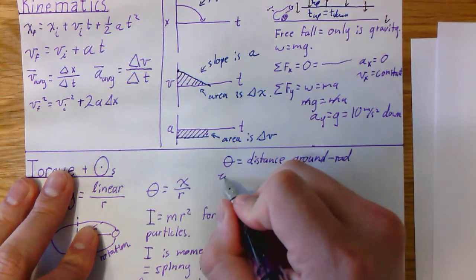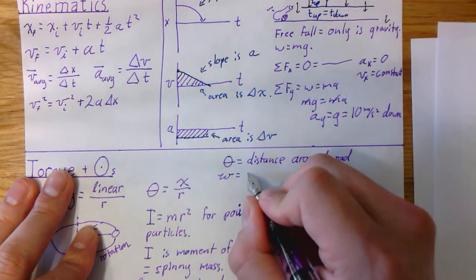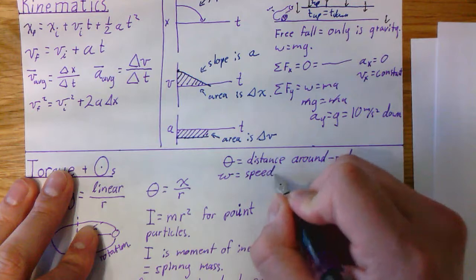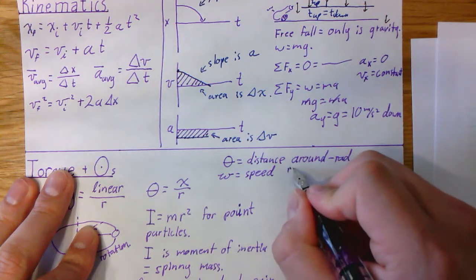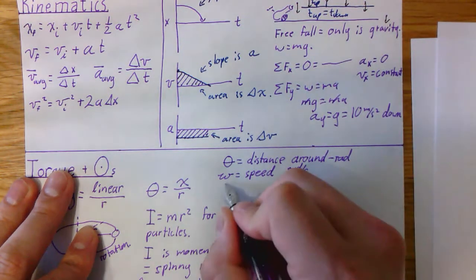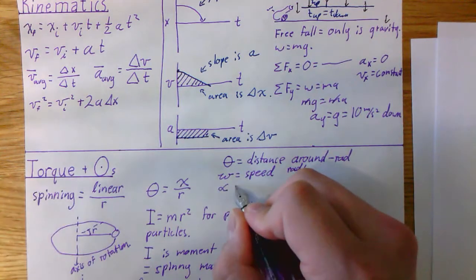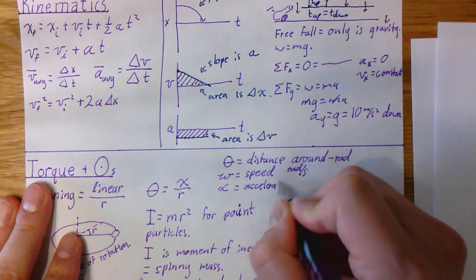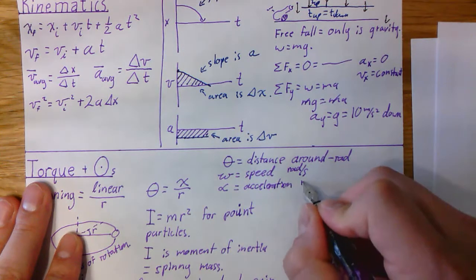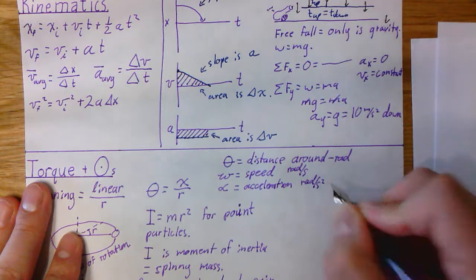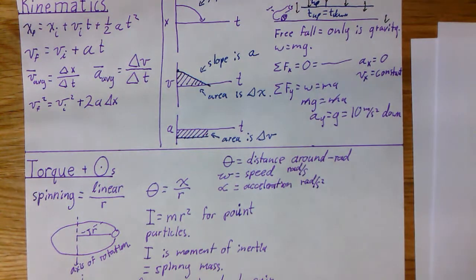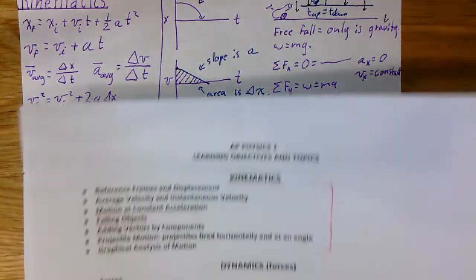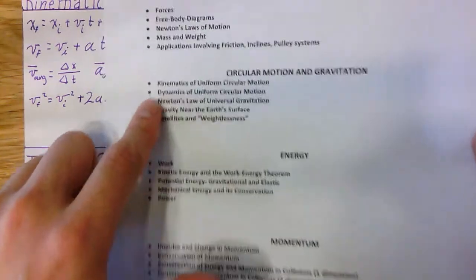Okay, omega is speed, which is in radians per second, and then alpha is acceleration, and that's in radians per second squared. So instead of measuring everything in meters, we measure everything in radians. That's all the stuff you need to know about circular motion, right?